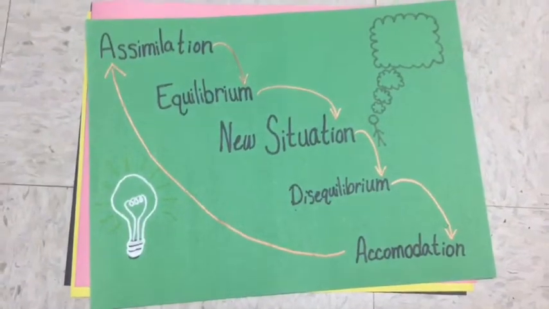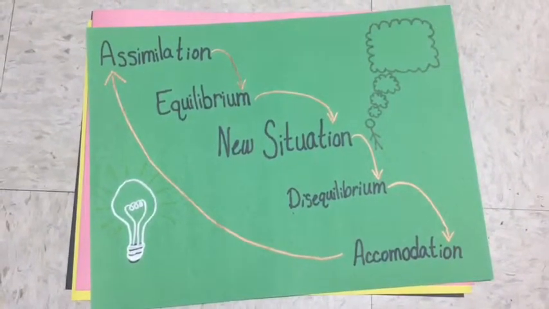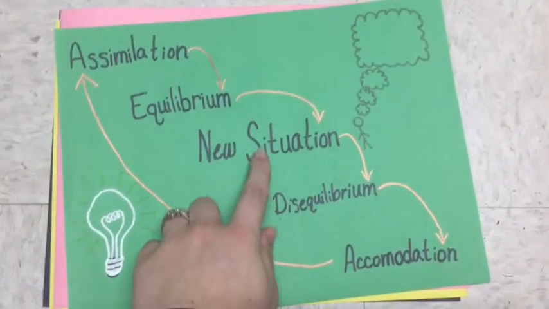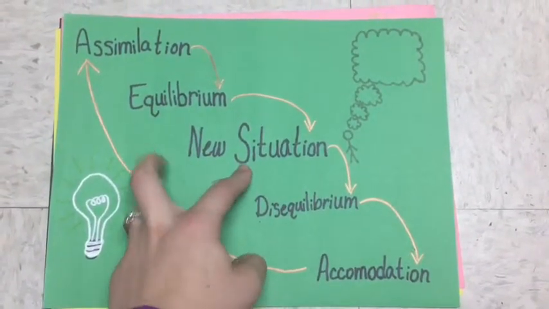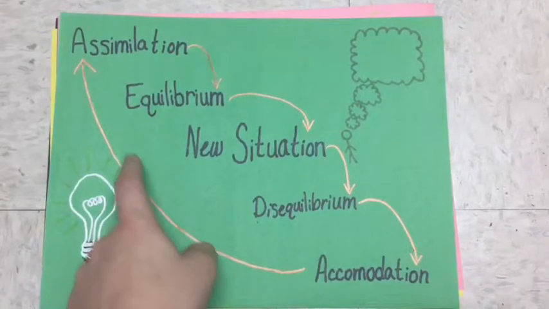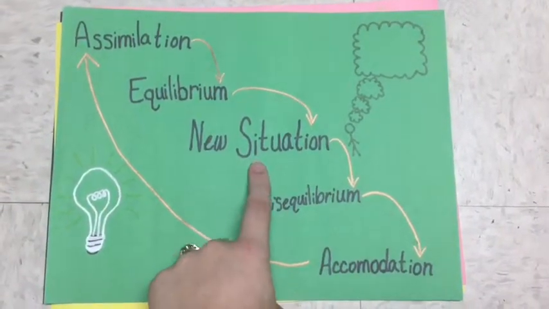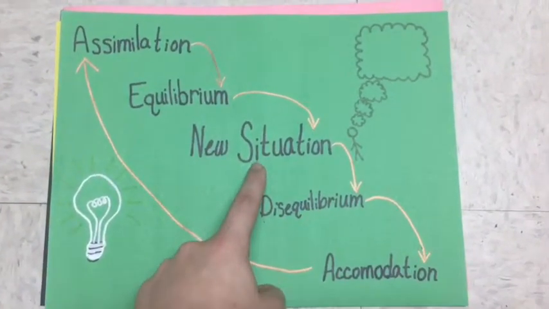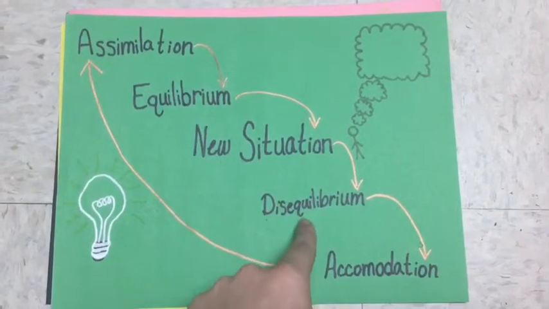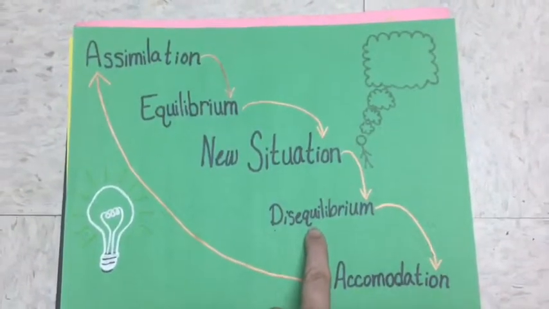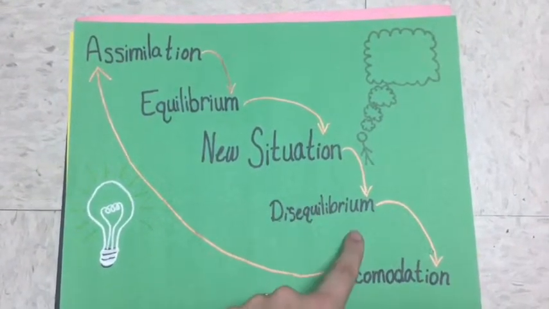This is the order of how these events occur. You'll start with a new situation from existing schemas. When you start with one schema and you get to a new situation and you believe that it is similar, you'll experience disequilibrium because you know that the two are different.